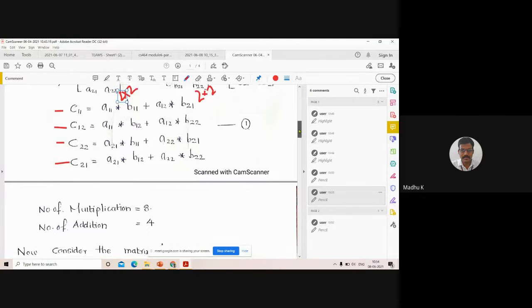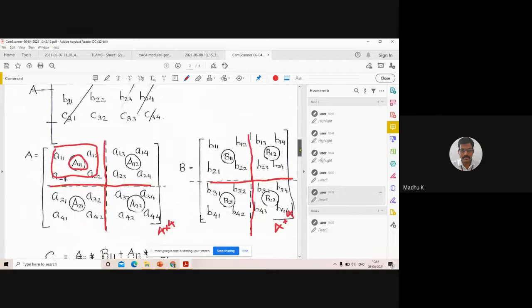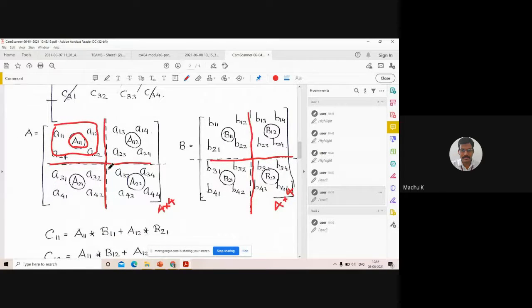Then here what we will do is divide this big matrix into small matrices of order 2 by 2. In this way, eight 2 by 2 matrices are formed.